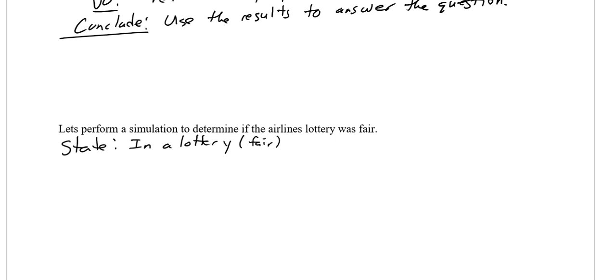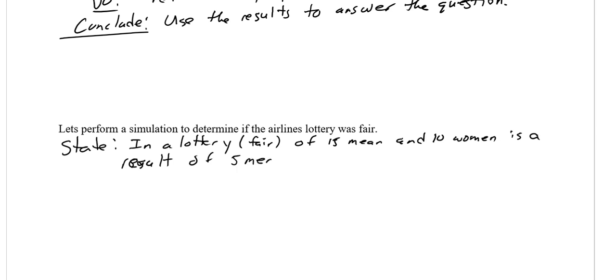In a supposedly fair lottery of 15 men and 10 women, is a result of 5 women and 3 men being chosen reasonable? Is that reasonable?